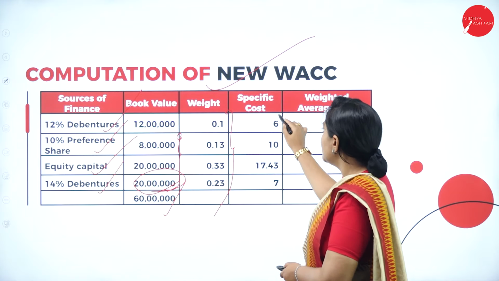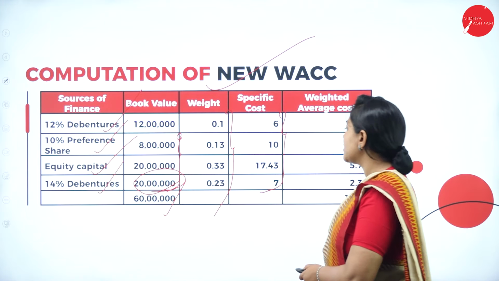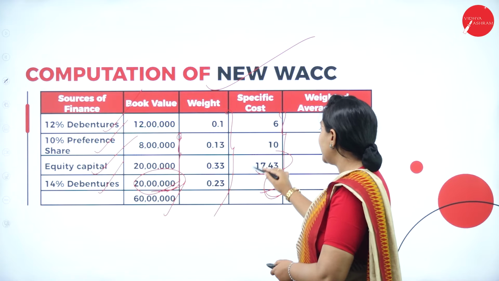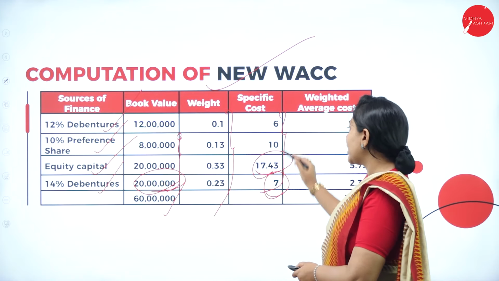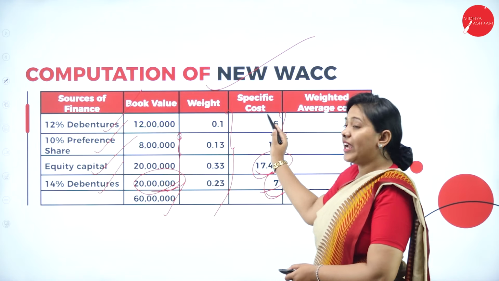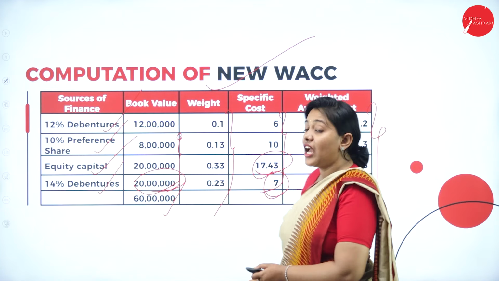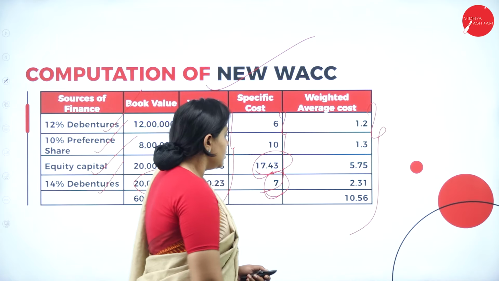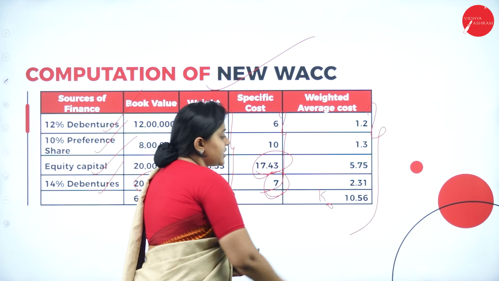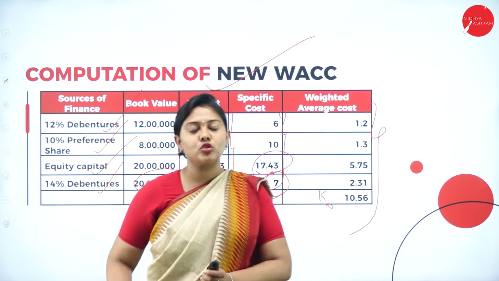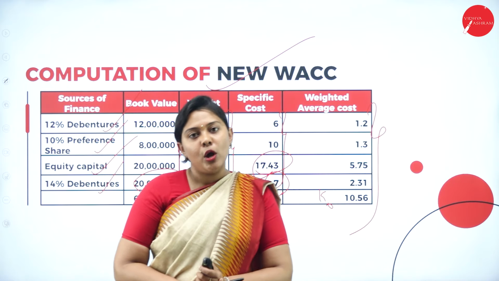Weight you will calculate. Specific cost you will calculate. Specific cost here it changes. Equity capital it changes. So, both the calculations you will do, you will multiply the weight into specific cost. Then you will get your weighted average cost and the answer you get is overall cost of capital is 10.56%. So, this is computation of new WACC.